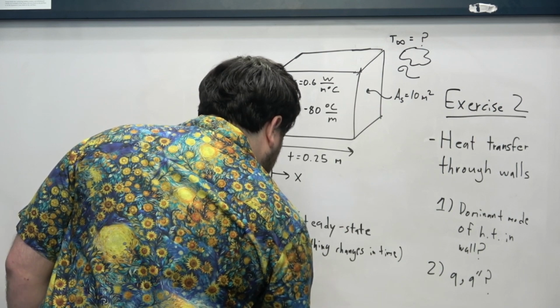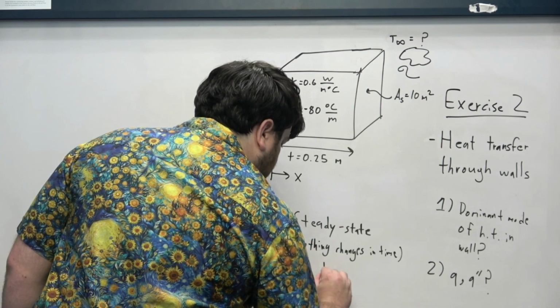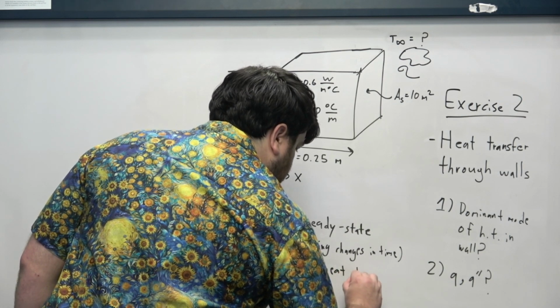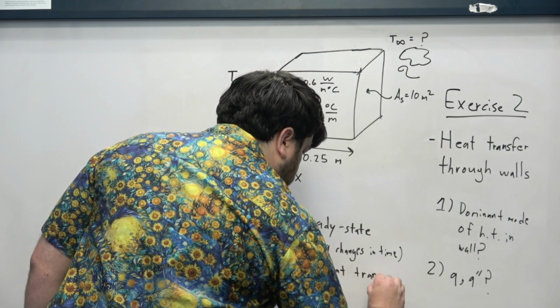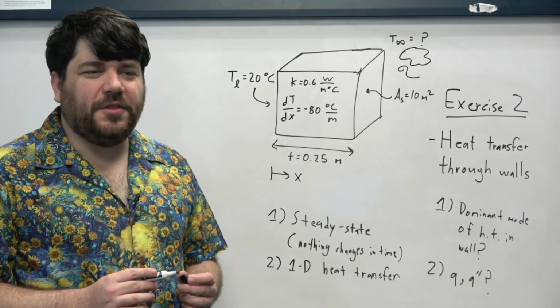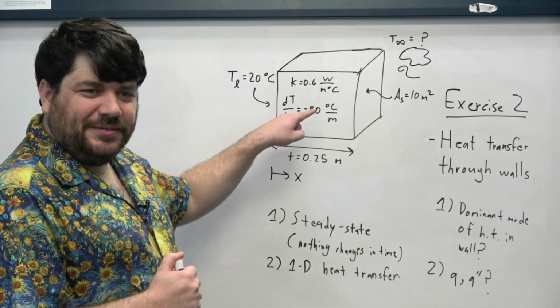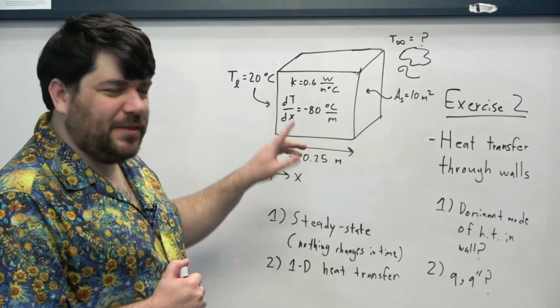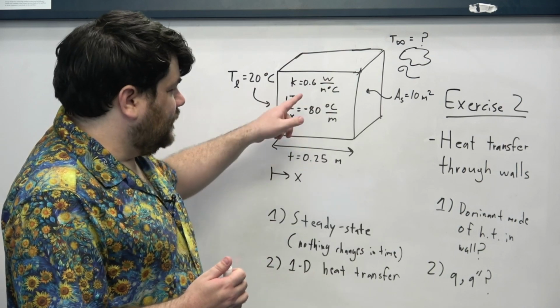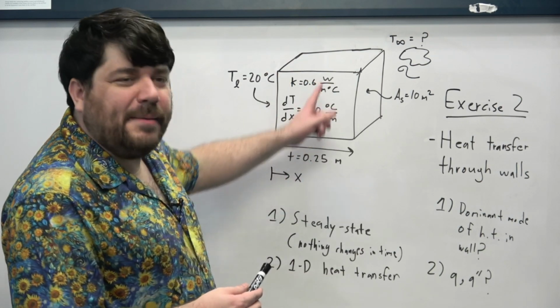Assumption number two is that heat transfer is happening entirely in one dimension. To parse that back down a little bit, all that means is that we're not going to consider that heat transfer could be happening to or from the direction perpendicular to the whiteboard, or that it's happening up or down.